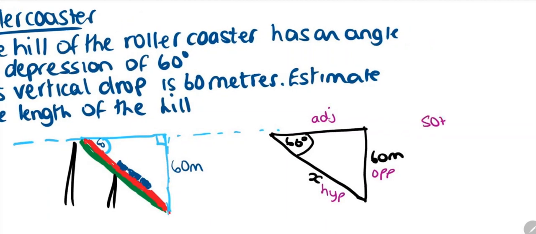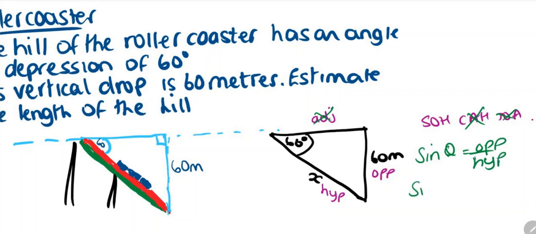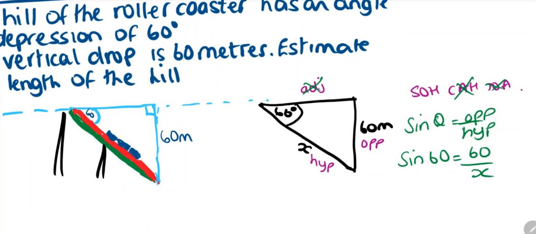So I'm going to write SOHCAHTOA. We're going to eliminate the sides we don't need. We don't need adjacent, so anything with an A, so I'm going to use sine. Sine of theta is equal to opposite over hypotenuse. If I substitute in the values, sine of 60 is equal to 60 over x, and I don't know the value of x.